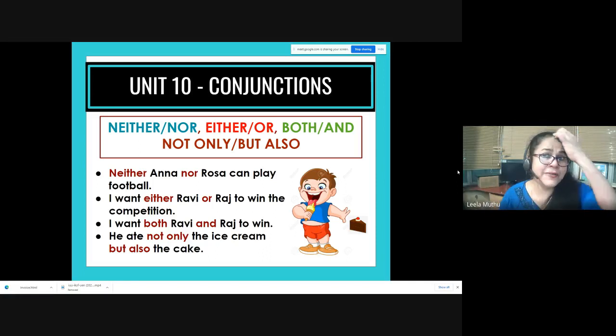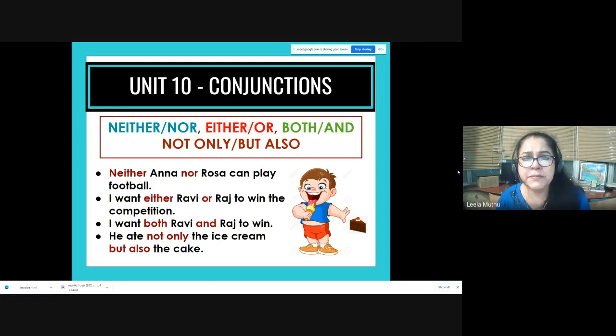Okay. Now, not only but also. Okay, so watch how this set of conjunctions are used in this sentence. He ate not only the ice cream but also the cake. So imagine you're just really hungry, you're dying for something sweet, a dessert, and you've kept the ice cream out and also the cake. But when you get back, you find out that your cousin brother's eaten everything.